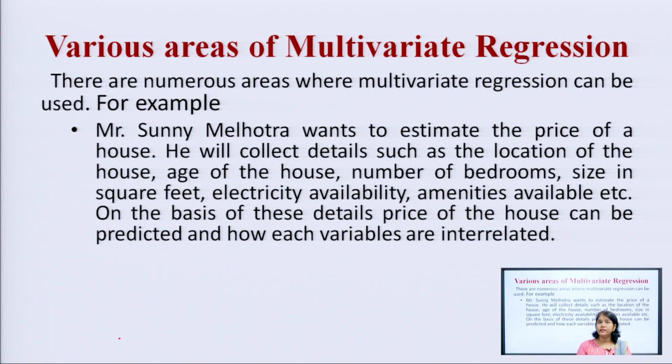The data may be the location where it is situated, the age of the house, how old it is, the number of bedrooms, how many kitchens there are, whether rooms are furnished or not, the size in square feet, which I have told you is area, and electricity availability, amenities availability, and so many other factors.